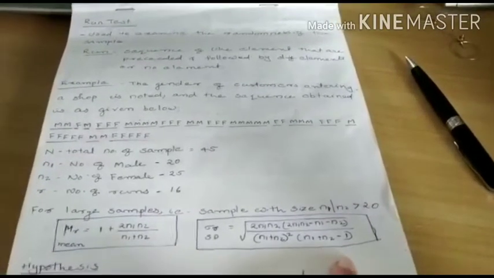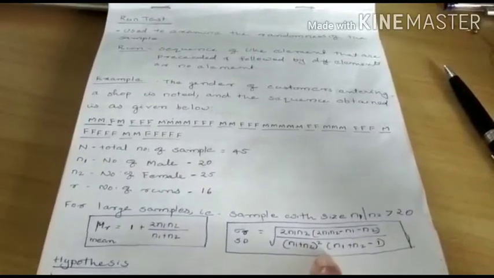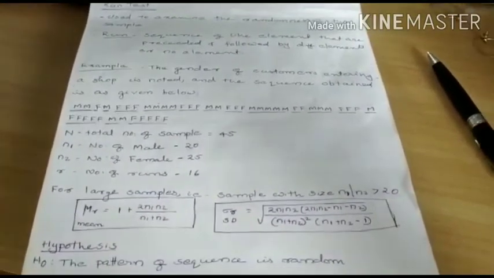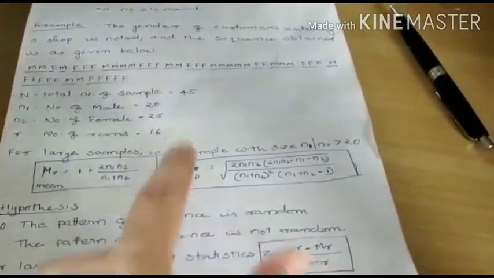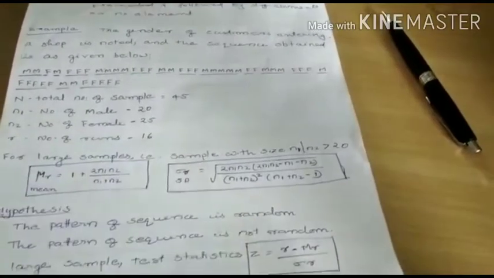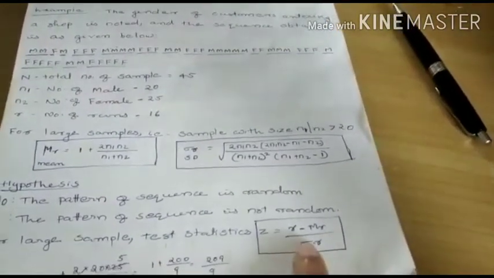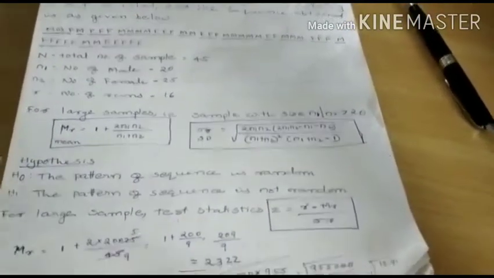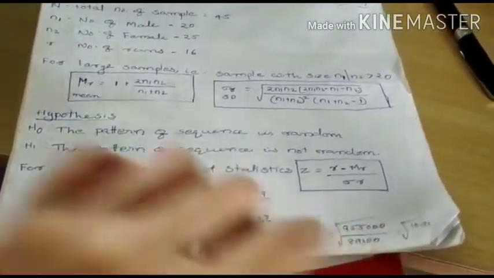Simply by substituting these values, you will get the standard deviation. Now we have R, which is 16 in this case, then we have the mean and standard deviation, so we simply substitute these values here.